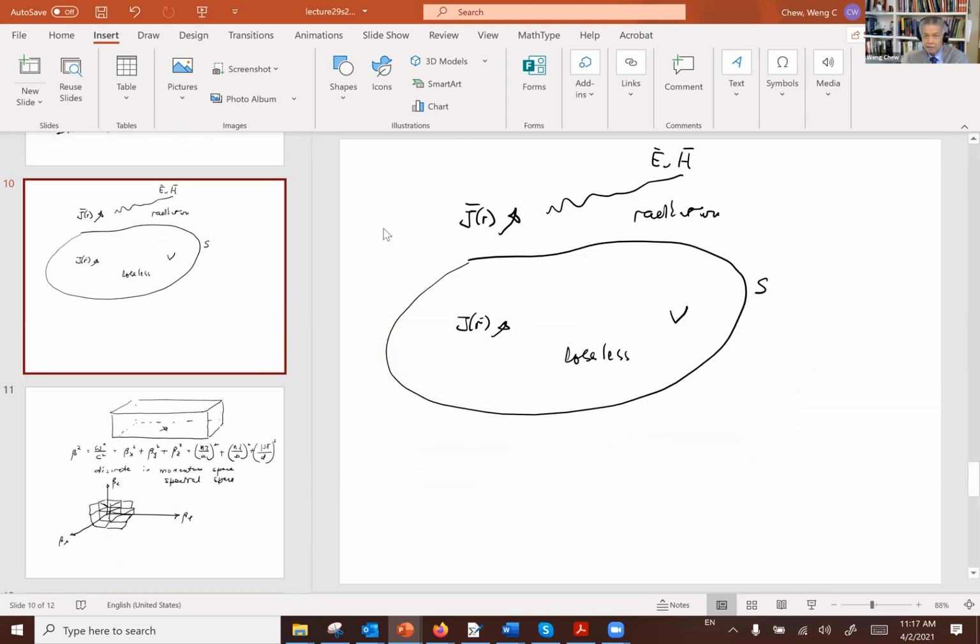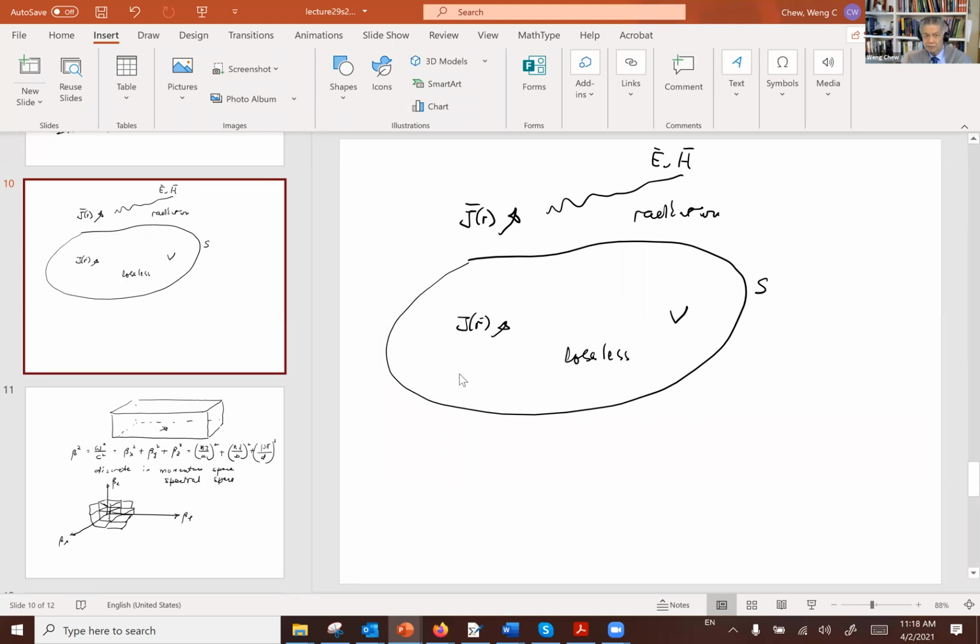The first problem that we consider is this antenna radiating in an infinitely large space. Because the cavity is very, very large for the first case, you need to only put in a small or infinitesimal amount of loss, and that will guarantee uniqueness.